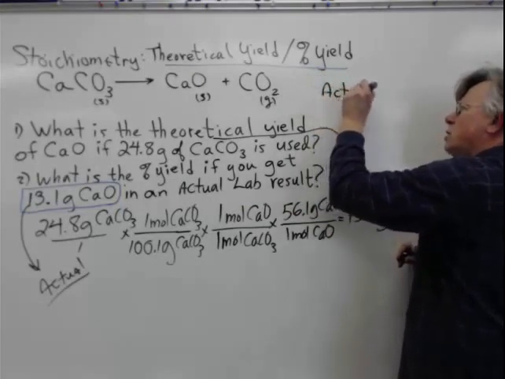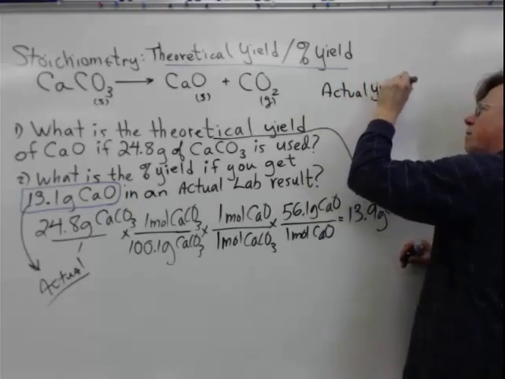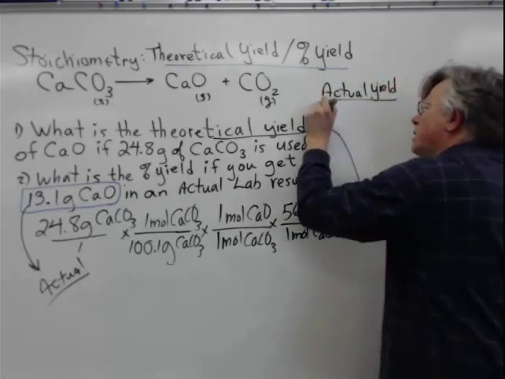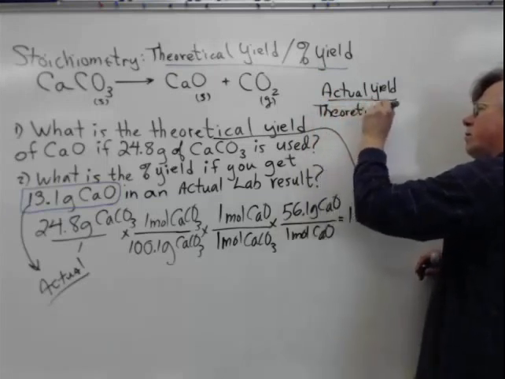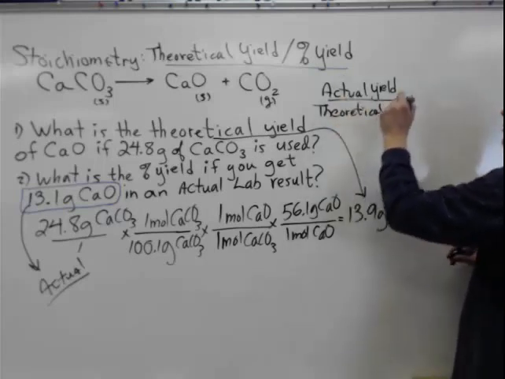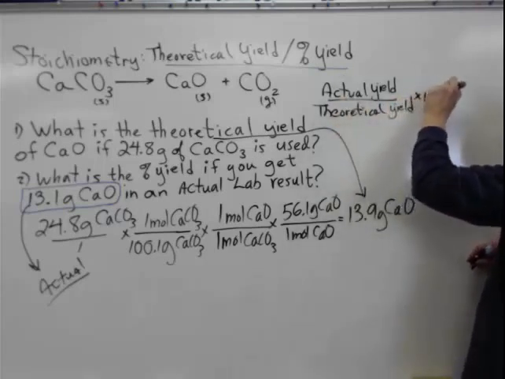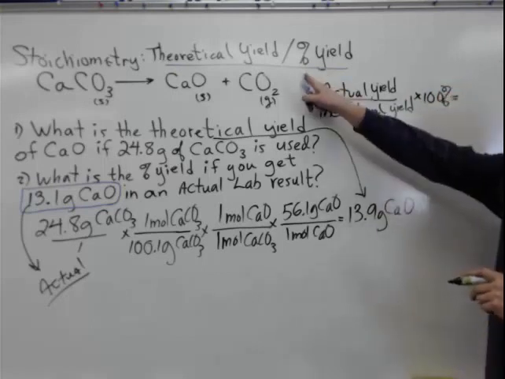It's the actual yield divided by the theoretical yield, and after you divide, you multiply by 100%, and that gives you the percent yield.